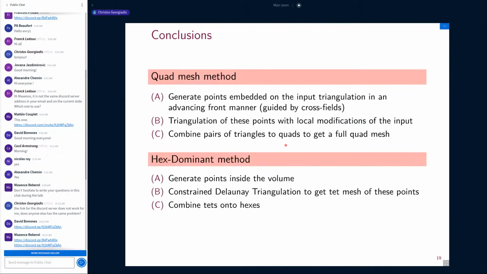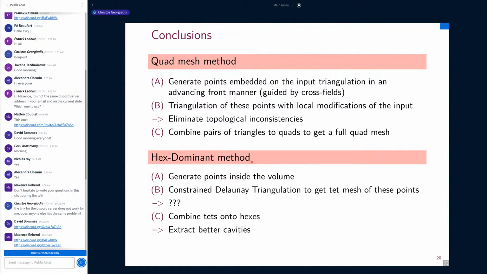So going back to our initial slide, we have these three main steps of the method. We can add some extra points on 2D of quad mesh. For quad mesh, we see that we can add an extra point to eliminate these kinds of topological inconsistencies. On 3D, the equivalent point, I do not really have an idea.